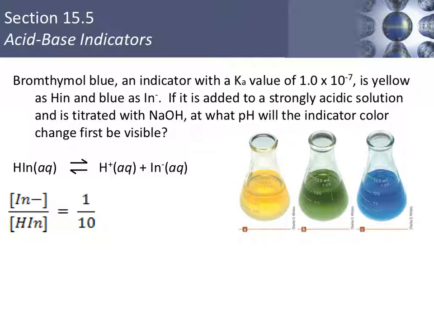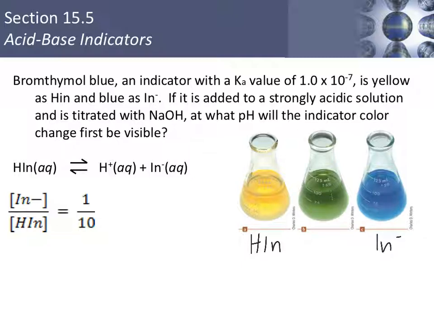So bromothymol blue is a commonly used indicator. It has a Ka value of 1 × 10 to the negative 7th. It is yellow as the acid, and it is blue in its conjugate base form. So if we add this to a strongly acidic solution and then we titrate it with sodium hydroxide, we would like to know at what pH the indicator will change color.